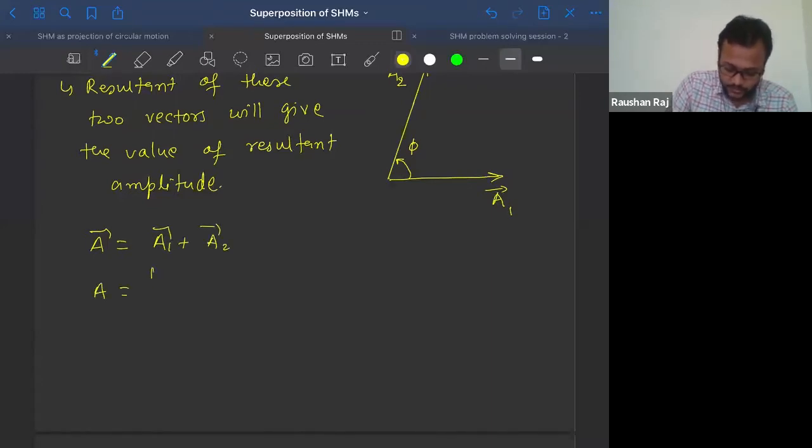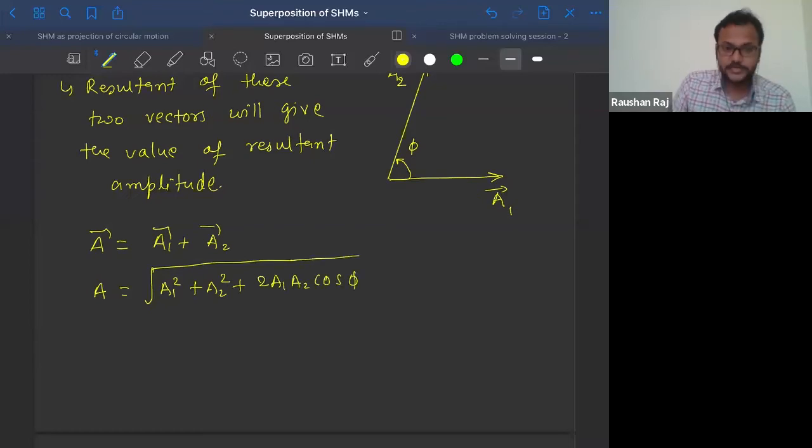I'll say square root of A1 square plus A2 square plus 2A1A2 cos phi, right? This is the formula for the resultant of two vectors. If R is A plus B, we write the resultant as square root of A square plus B square plus 2AB cos theta, where theta is the angle between A and B.